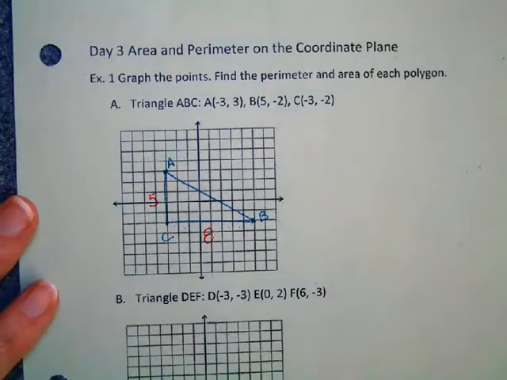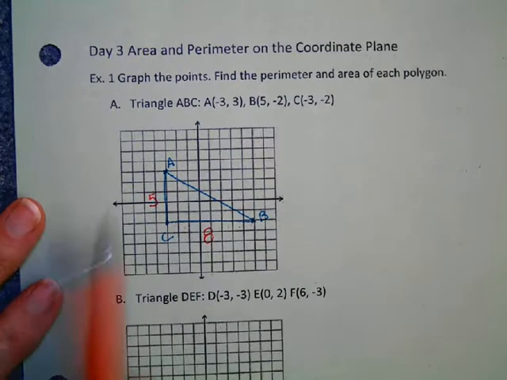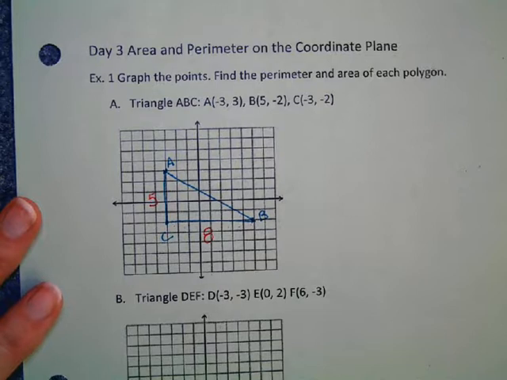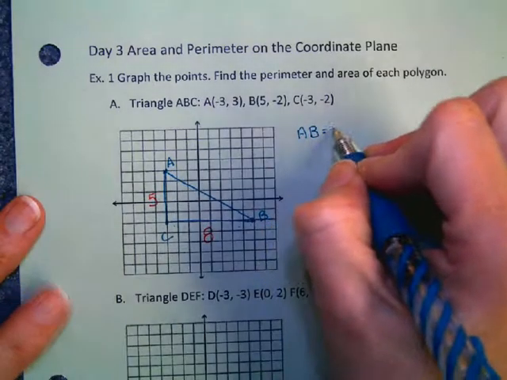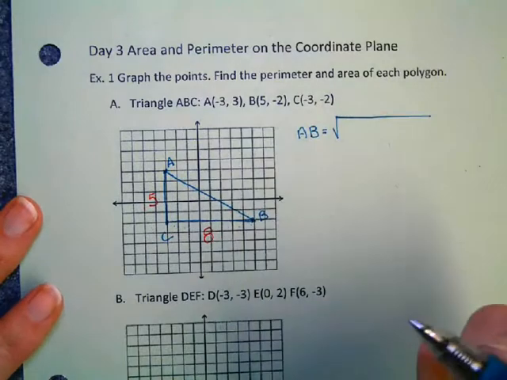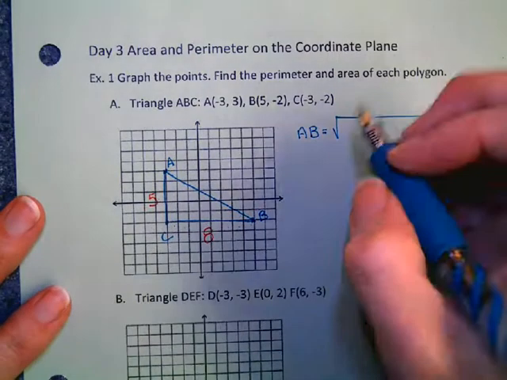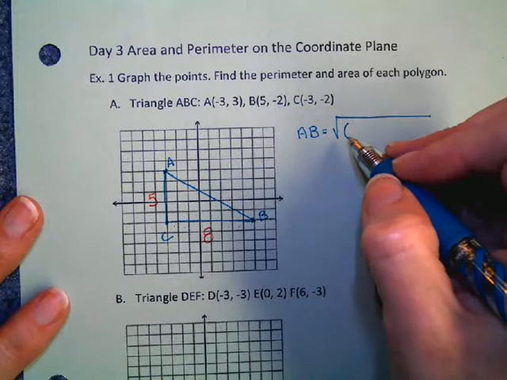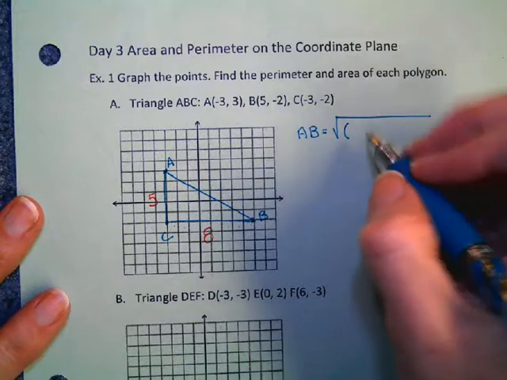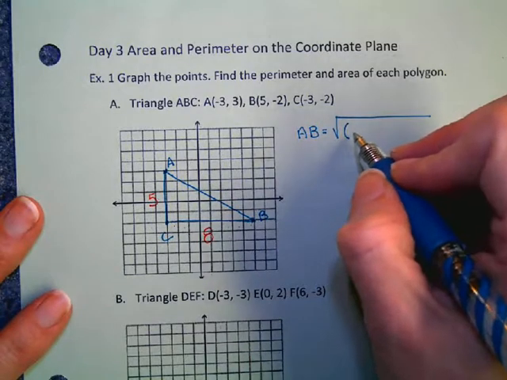To find the distance from A to B, you can use the distance formula or you can use Pythagorean theorem. I'm going to use the distance formula to find AB, just so that in other problems you understand that you can use this on all of them even if it's not a right triangle. And the distance formula comes from Pythagorean theorem, which is why we can use either one.